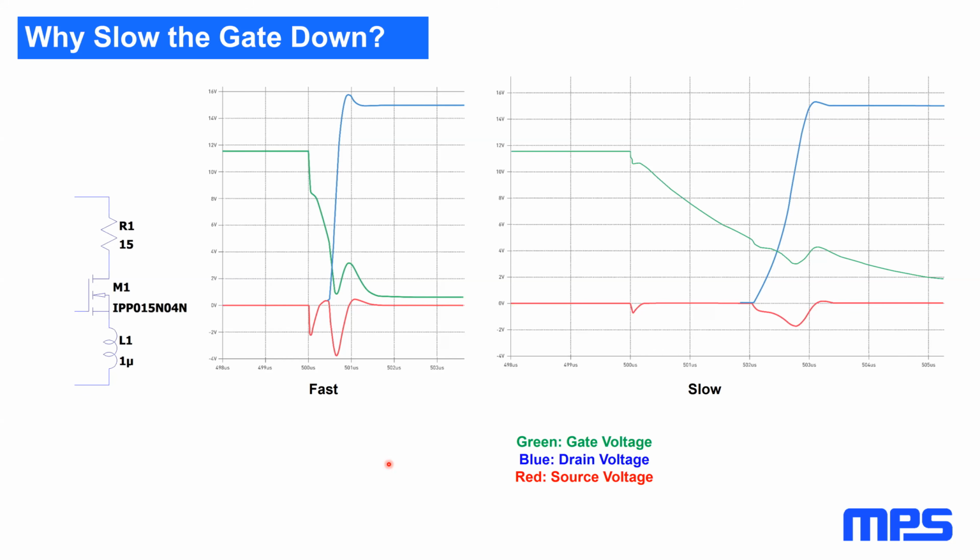In general, whenever you switch fast, there's going to be more overshoot, and quite often ringing with other parasitics. So that's very true. The faster you switch, you will need more margin in the voltage rating of the MOSFET too because of overshoot like that.